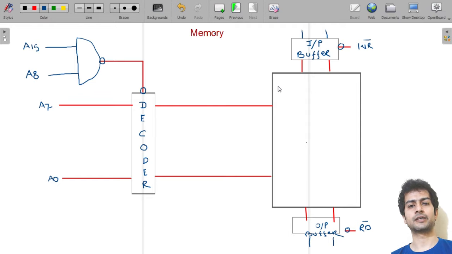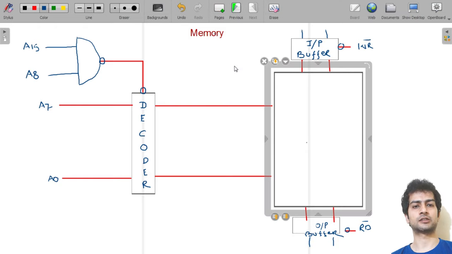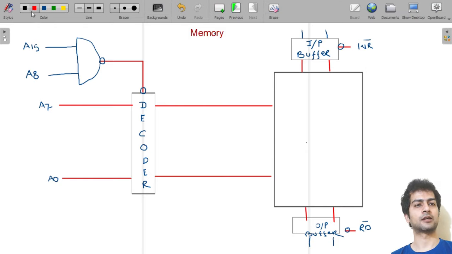Then we know that memory is a group of registers.